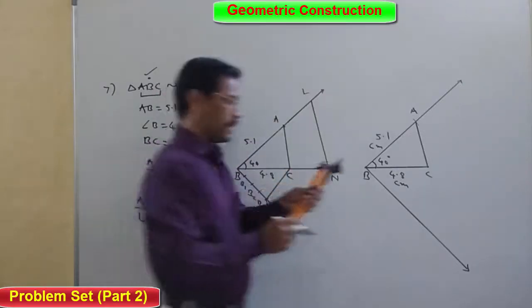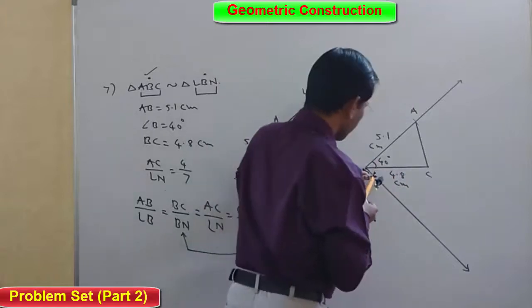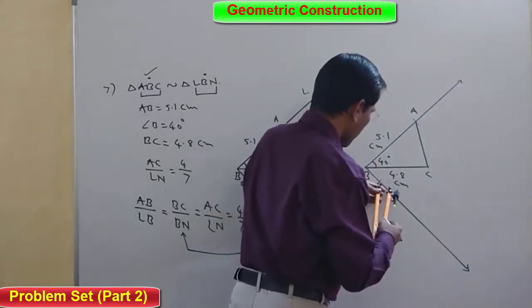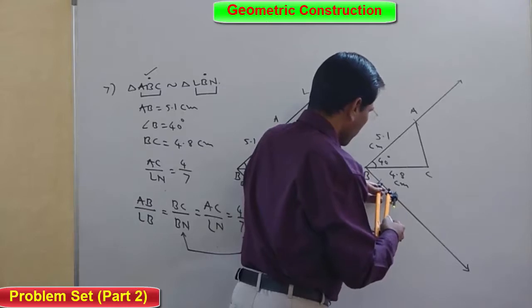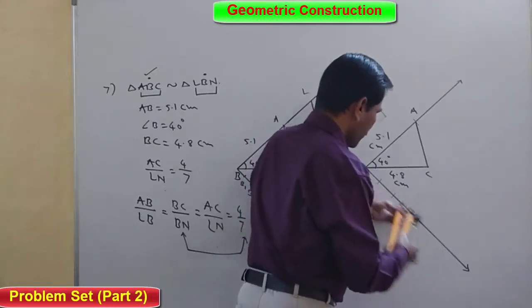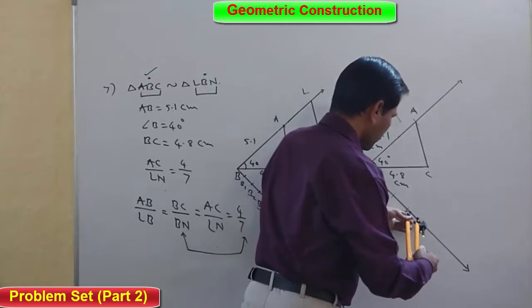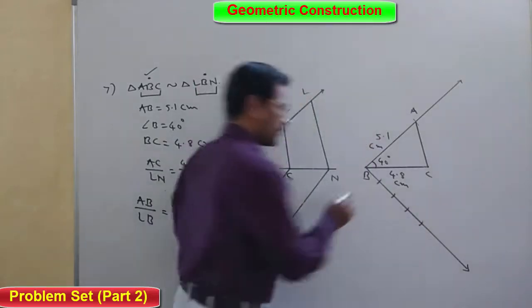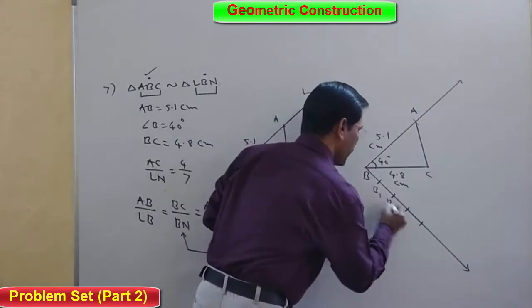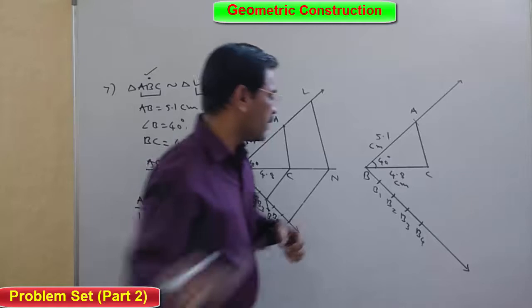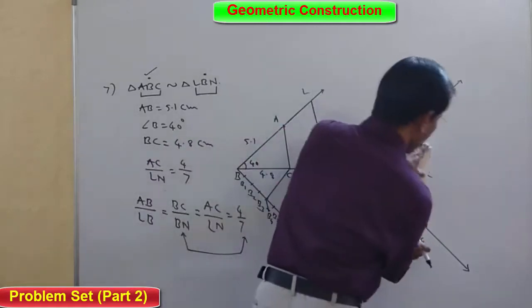First draw 4 parts here. This is first part, second, third, fourth. Okay friends, this is B1, B2, B3, B4. I'll just join this B4 to C here.